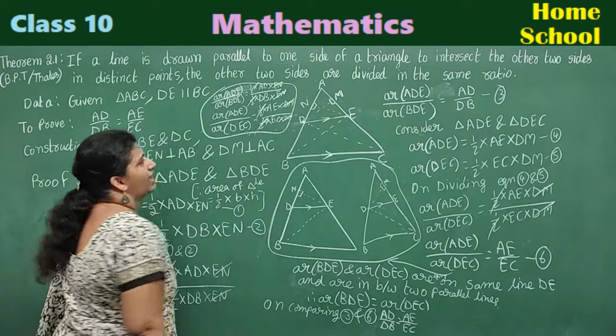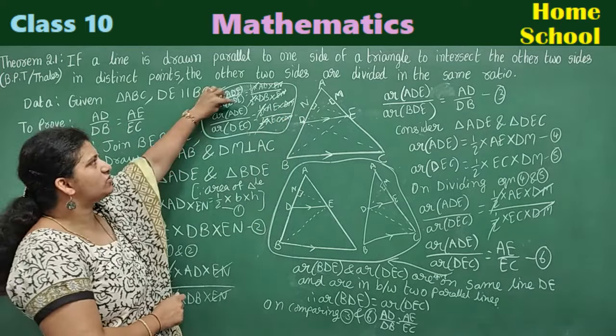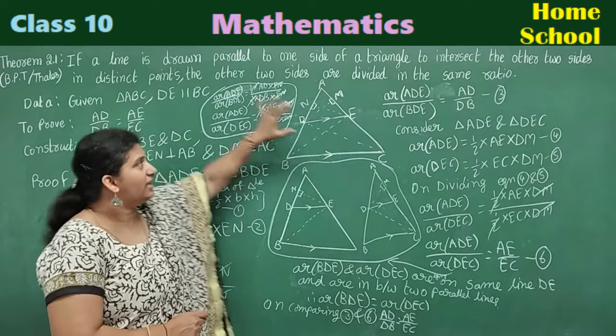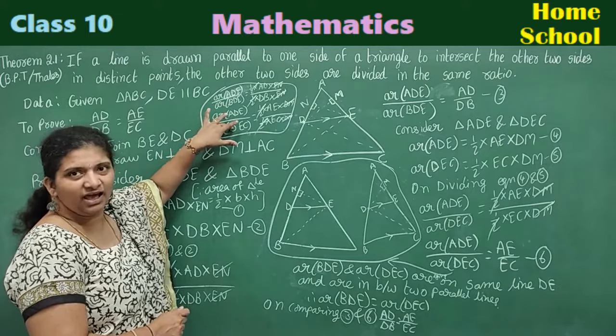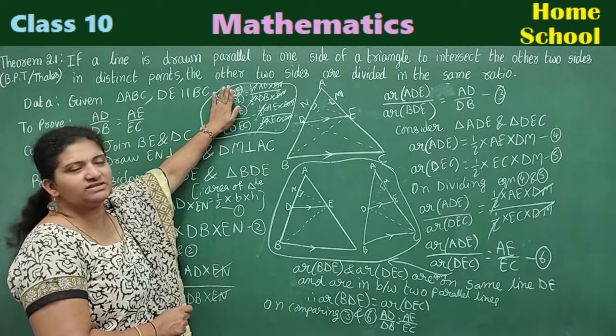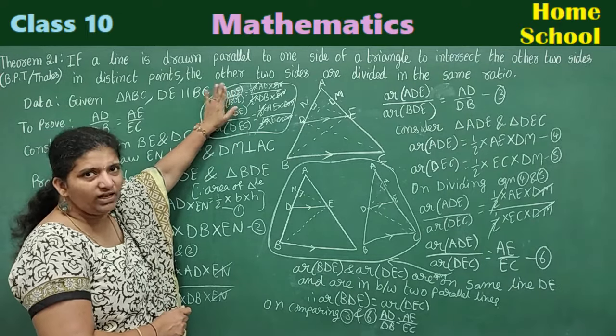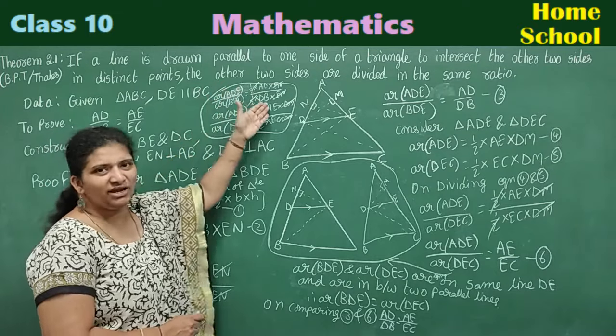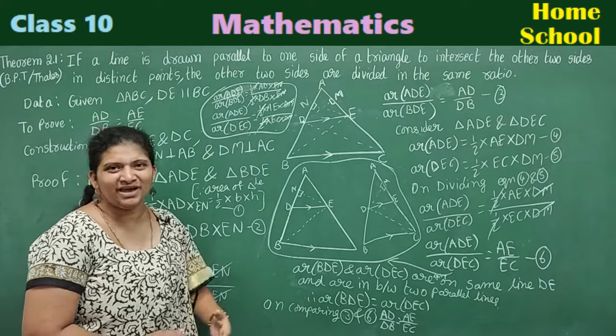DM cancels, half cancels. On comparing, these two triangles are lying on the same base and between the same parallel lines. Therefore, these two triangles' areas are equal, so these two ratios will be equal. If they are equal, by axiom 1, what can I say? AD by DB is equal to AE by EC.